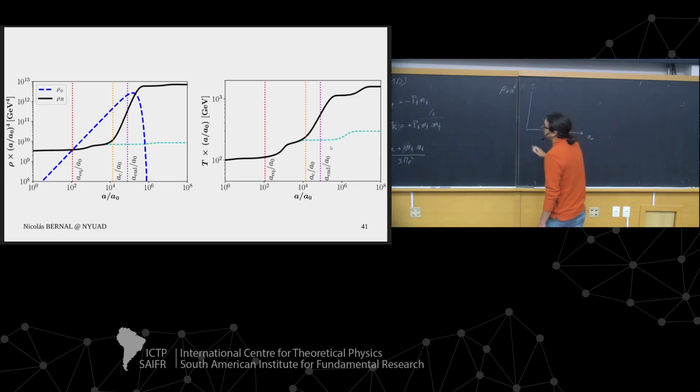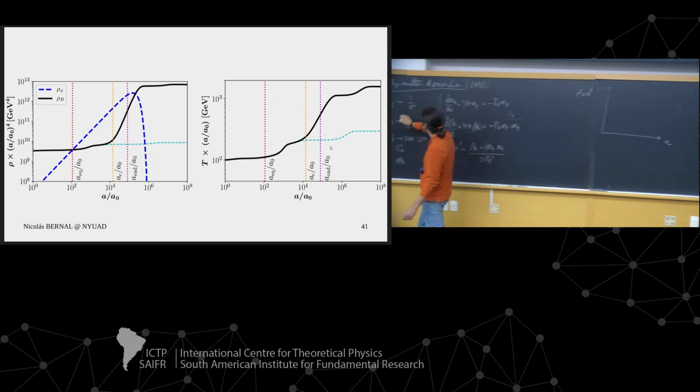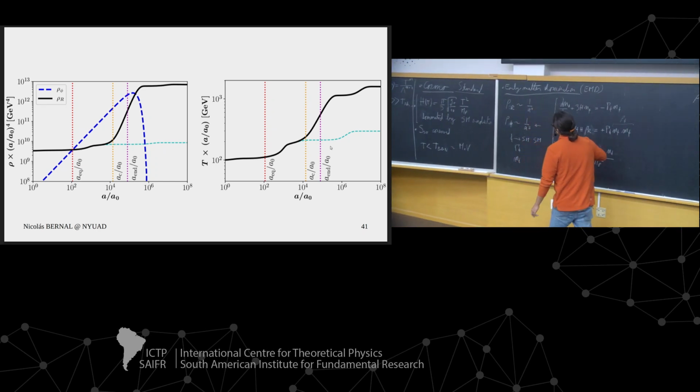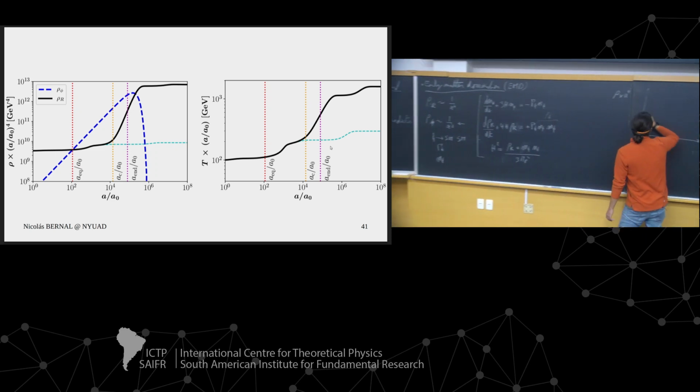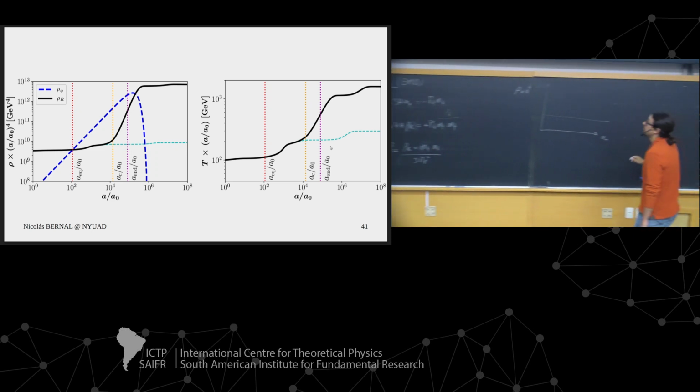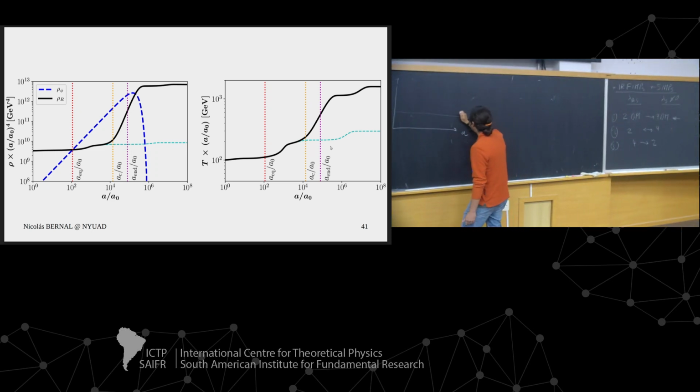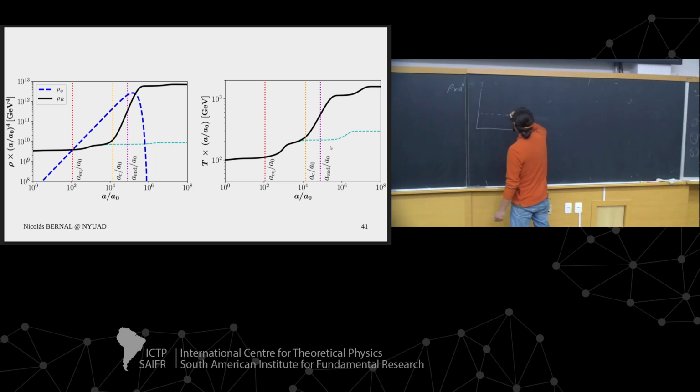Free radiation scales like 1 over the scale factor to the 4, 1 over a^4. If I multiply by a^4, I get a constant. Yes, that's what I expect. Let me put it in dotted.